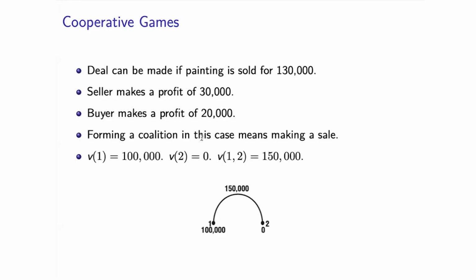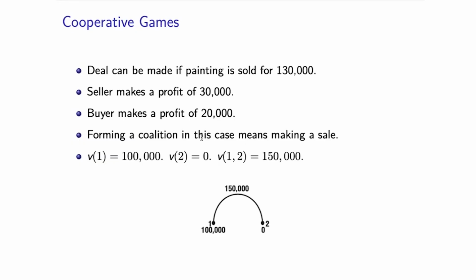So that adds up to 150,000, right? And you can see that this logic holds true for any mutually profitable deal that you can think of. For example, if the sale was happening for 110,000, then the seller is going to have 110,000 in money, and the buyer is going to have the painting, which is worth 150,000, and is going to give minus 110,000.